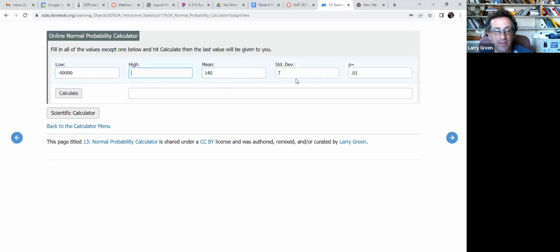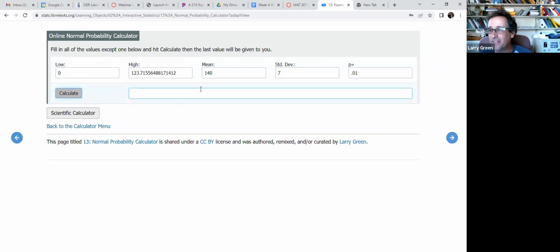Same mean, same standard deviation, same low. Just for fun, I'll put 0, but it really doesn't matter in this case. If the standard deviation is 7 and the mean's 140, that would be 20 standard deviations away, and that never happens. Remember, 3 standard deviations is really rare. 20 is like never in the universe rare. Calculate.